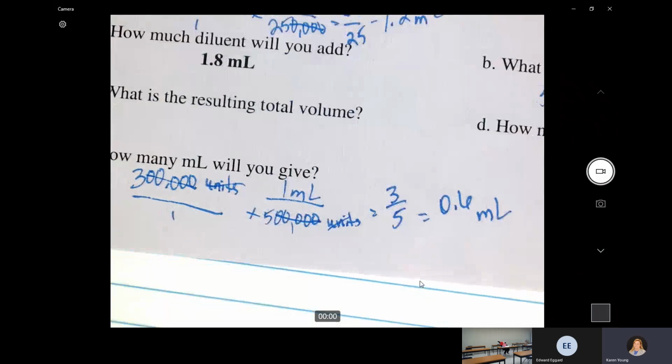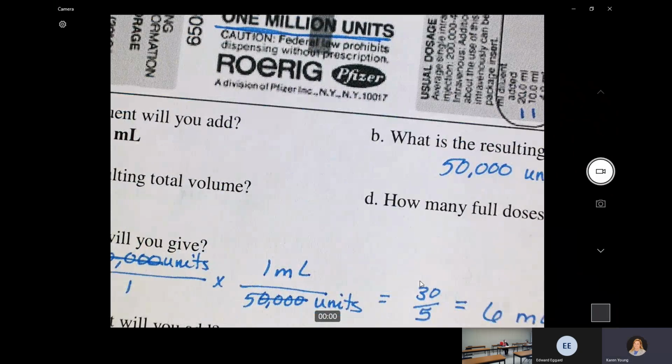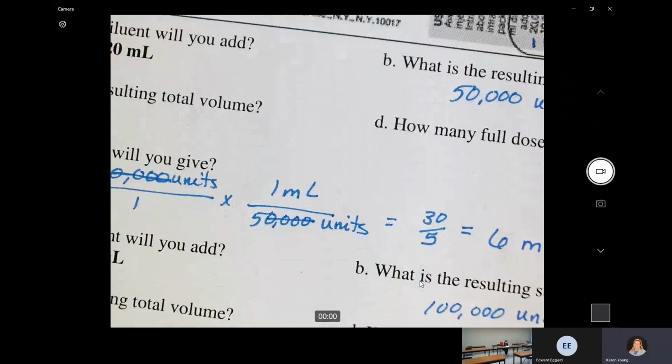So with an IM injection, the most you're supposed to give is 3 milliliters in the thighs, or in the hip. I think it's 2 milliliters in the. Which one would be the best solution to use?